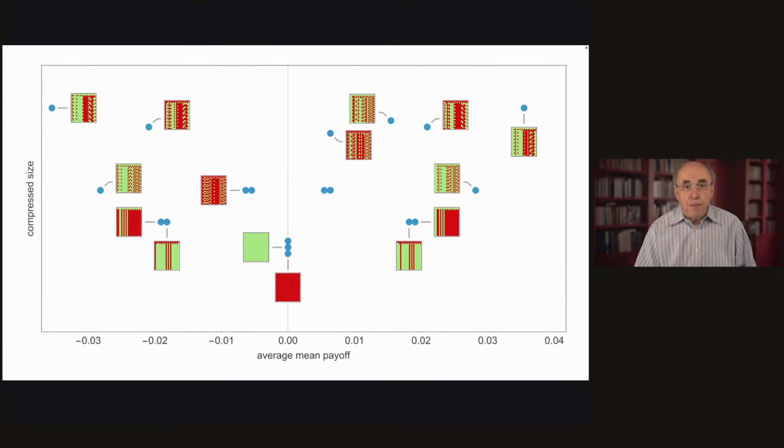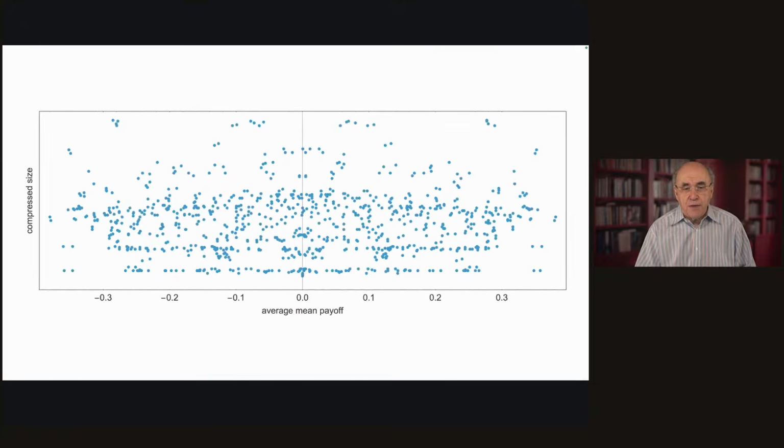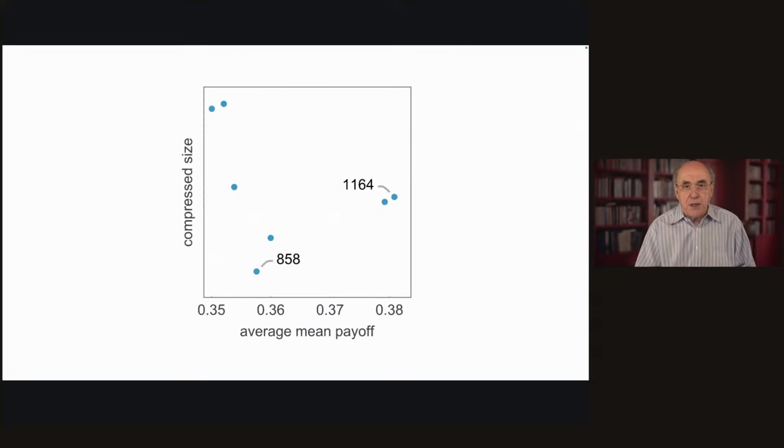If we look at the corresponding result not for two-state machines, but for the 956 distinct three-state machines, this is the plot of compressed size of behavior, roughly complexity of behavior, against average mean payoff. And there's no strong correlation here between the average mean payoff and our estimate, based on compressed size, of the complexity of behavior.